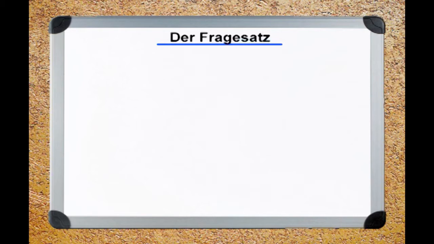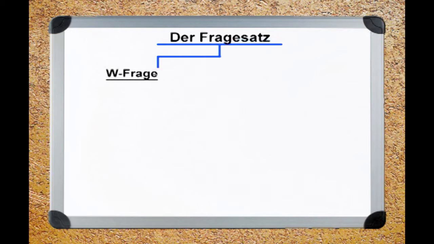In German, questions can be formulated in two fundamental ways. There are two categories. The first category is called the W-Frage. W, as you know, is W. Frage means question.